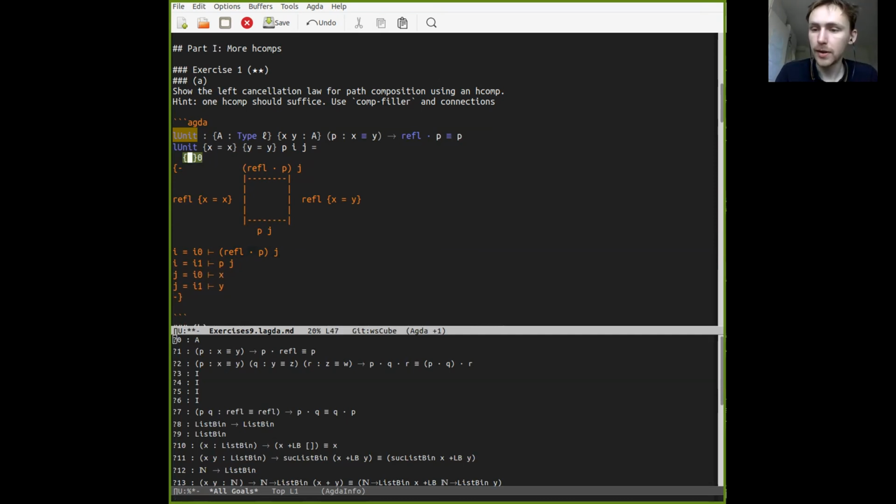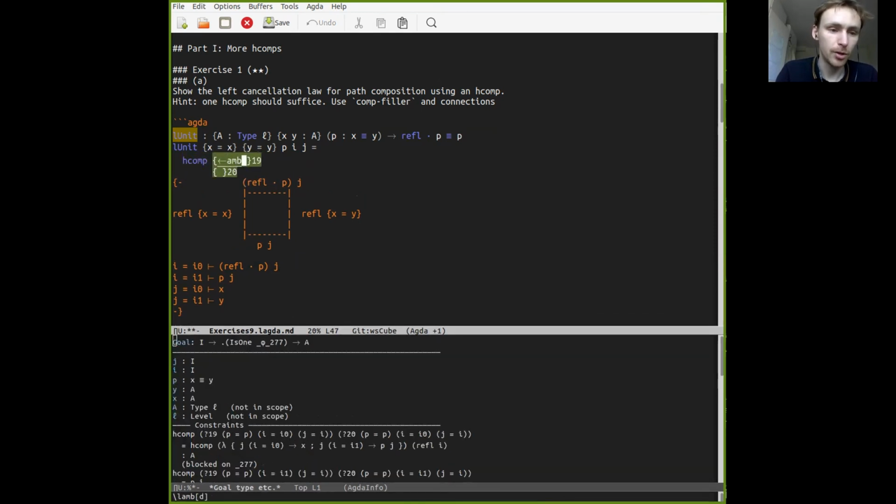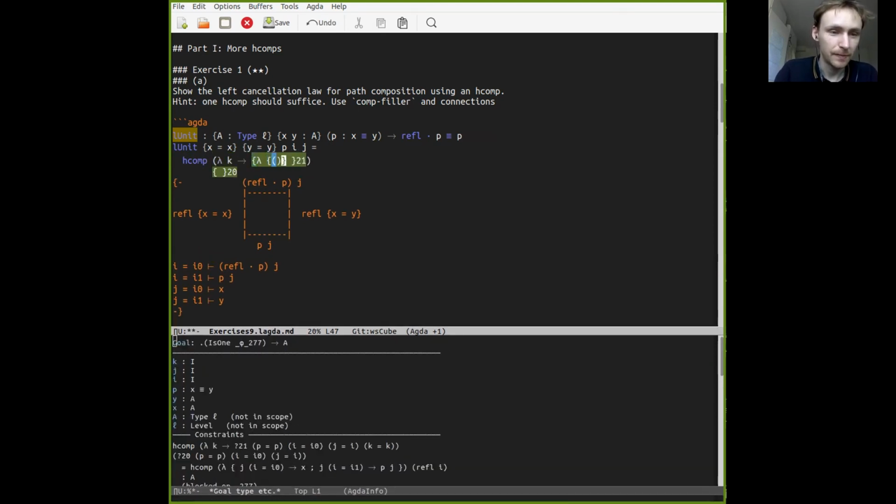And the best way to build a square is always to introduce an HComp. So now if I could draw the whole cube I'm going to build, but I'm not that good with Emacs. Okay, so I'm introducing the boundary here.